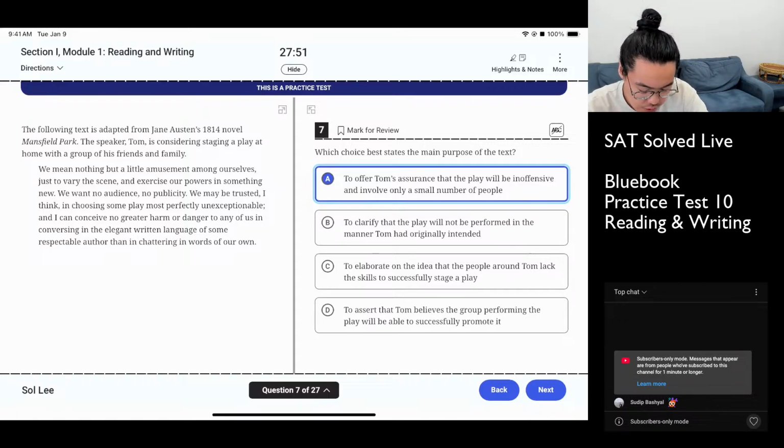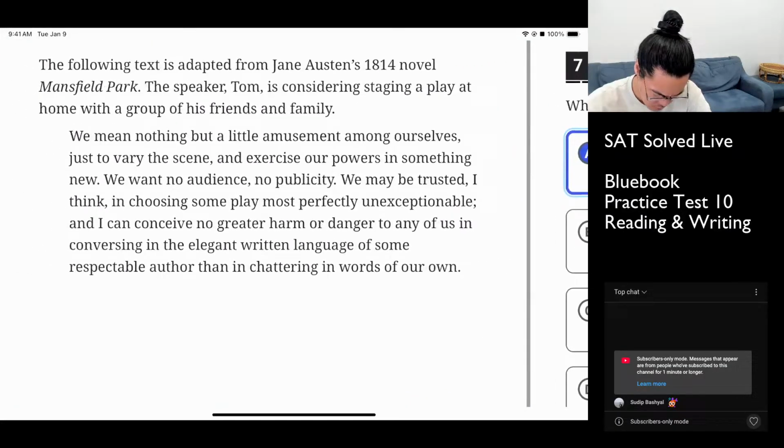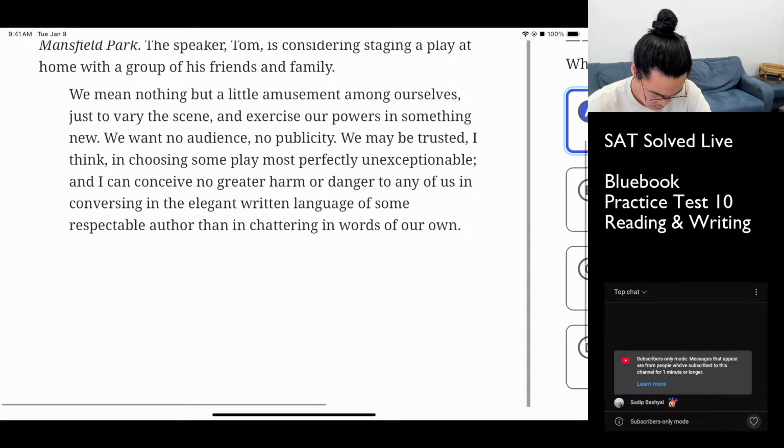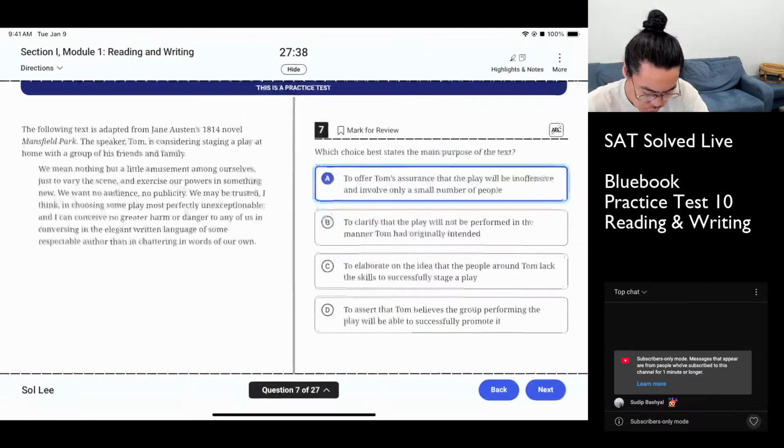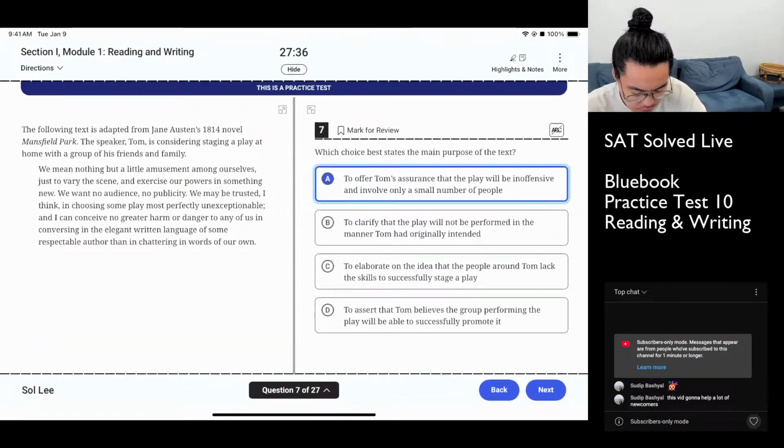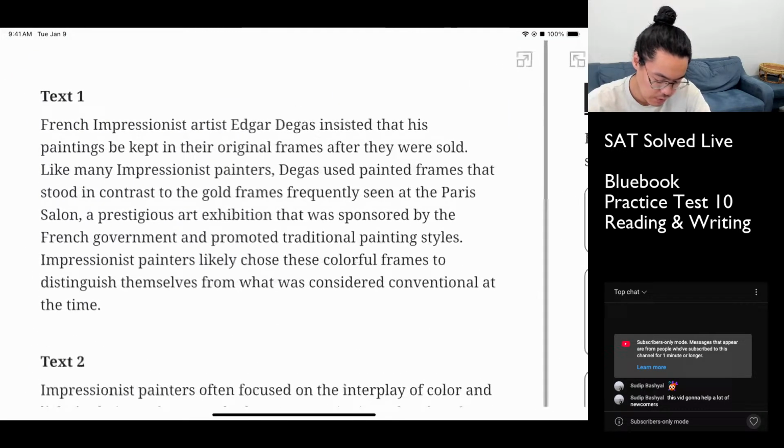To offer his assurance that the play will be inoffensive, okay, that's correct, and involve only a small number of people, which I don't remember seeing that actually. Involve a small number of people is probably we want no audience, probably. So let me just double check B, C, and D. Nope. There's no separation from intention, so not B, not C for skills, not belief. Okay, yep, has to be A. Number 8, here we go.